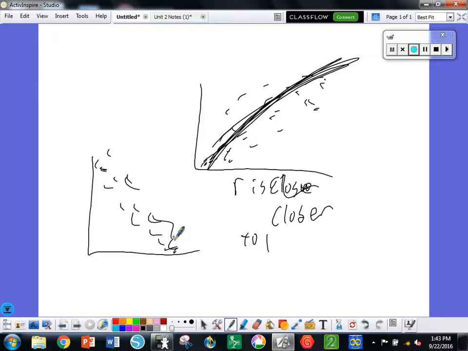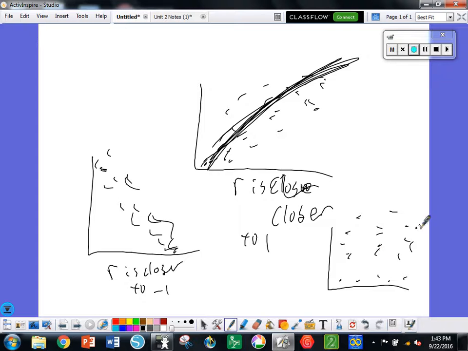Okay, it's not perfect, but your R value is closer to negative 1. Now, if it looks like this, your R is closer to 0.